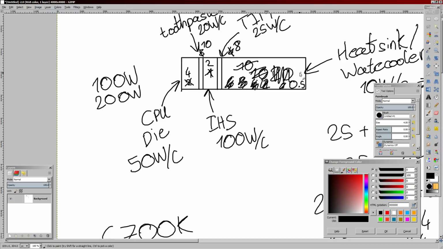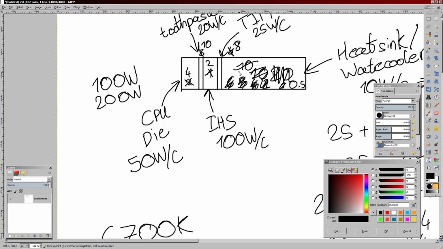If you have a pile of junk thermal paste and an IHS and a bunch of silicon, and then more thermal paste, and then finally your water loop, it doesn't matter that your water is at room temperature, okay? You can't get more cooling done unless you start going below zero, or you get rid of the thermal bottlenecks of the thermal paste and the IHS.